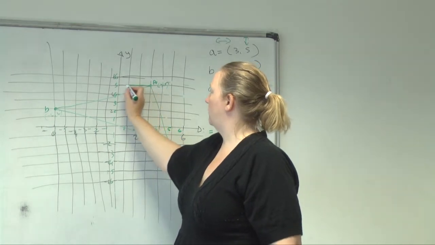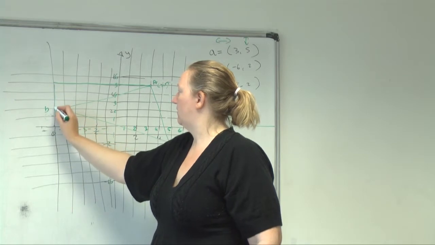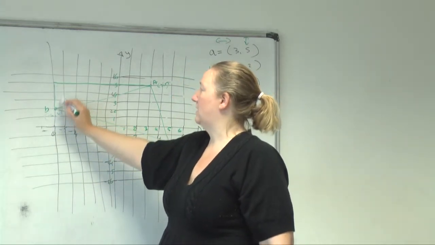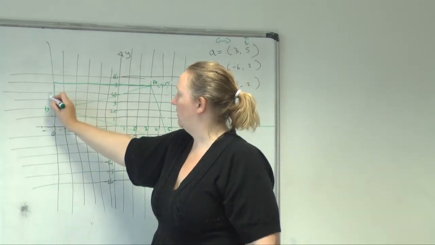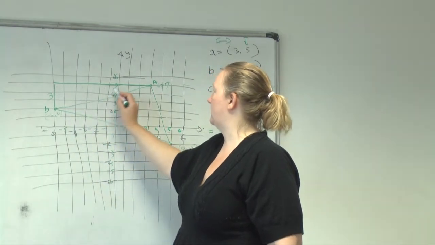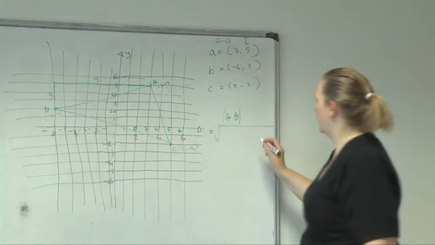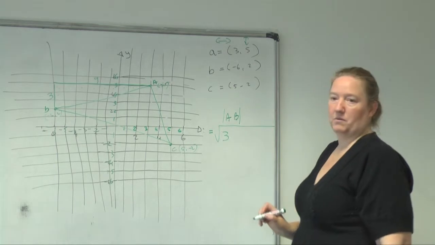So draw a line over here, line down here, and then you simply count how many boxes is each line, the length of each line. So this is 1, 2, 3, 3 boxes down. This is 1, 2, 3, 4, 5, 6, 7, 8, 9 boxes across. So that's 3 boxes down.